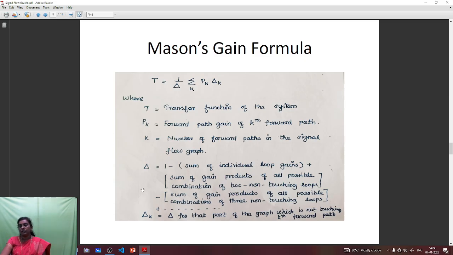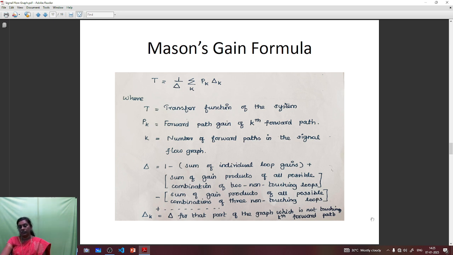And here the del can be calculated by using this formula: it is equal to 1 minus the sum of individual loop gains, plus the sum of gain products of all possible combinations of two non-touching loops, minus the sum of gain products of all possible combinations of three non-touching loops.